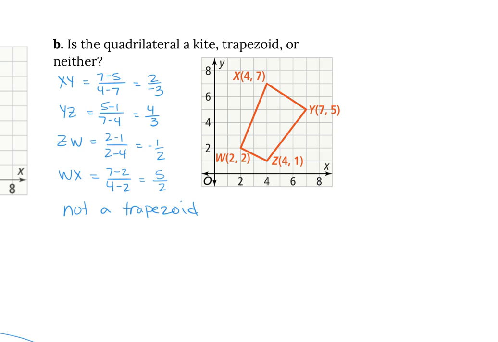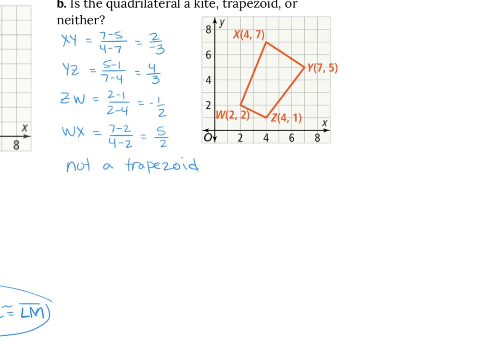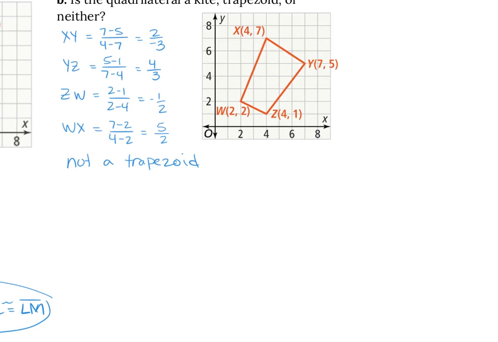So next, we want to check to see if it's a kite, if it has congruent consecutive pairs. So we're going to find our distances. That's going to simplify to the square root of 13. Check our next side.